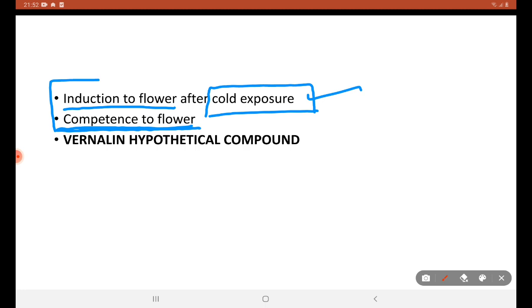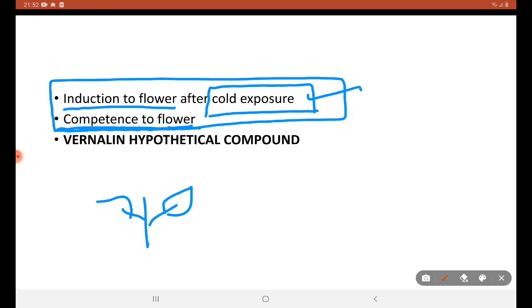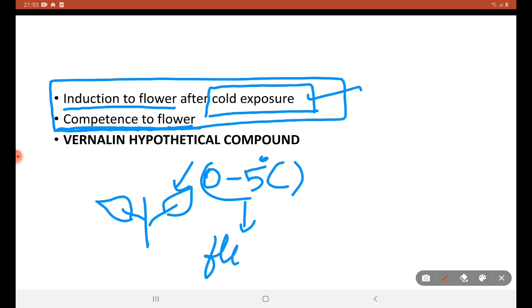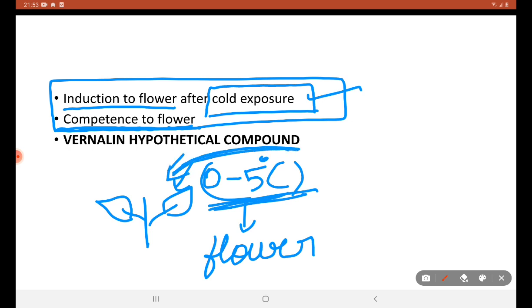It is the basic definition of vernalization. So a plant is here. A plant is induced with low temperature, maybe 0 to 5 degrees Celsius, to flower. So it is the external induction, external temperature changes making the plant flower.